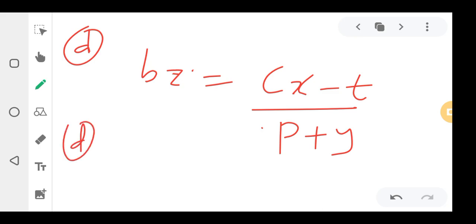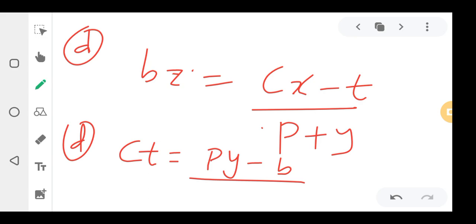Question D: ct is equal to py minus b over zx.